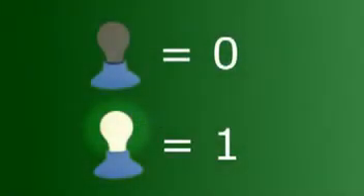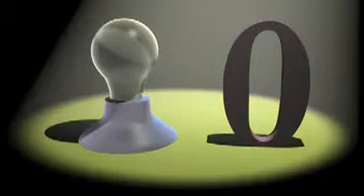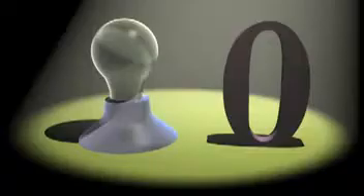The simplest of these is the binary system, which needs just two symbols for communication. Each state is described with a 1 or a 0, according to what has been agreed by the communicators beforehand.